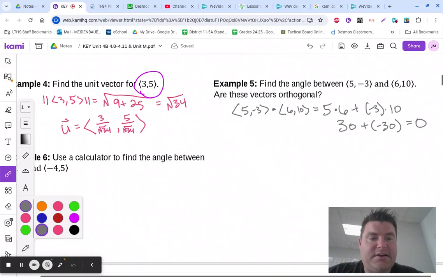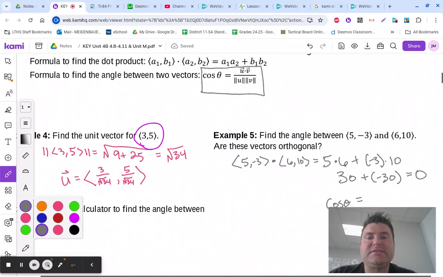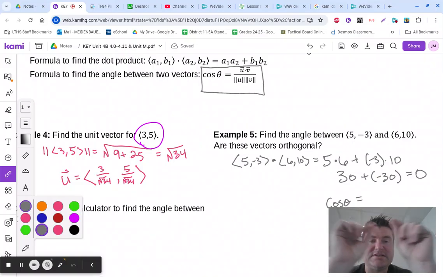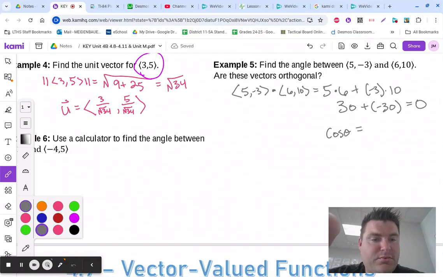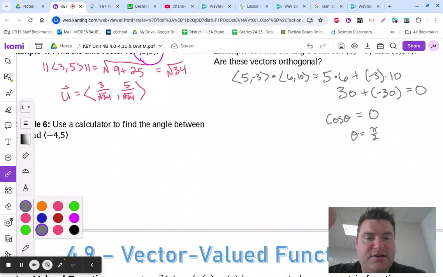So if I needed to find cosine, cosine of theta is equal to 0 over who cares, right? Because it says I want to divide by the magnitude, but since I have 0 on top, the bottom doesn't matter. So when does theta equal 0? Quite a few times, but I'm going to say that theta is equal to pi over 2 because I'm talking about the angle between two vectors. Let's be realistic. These two vectors look like this, which creates a theta value of pi over 2. This means that these vectors are perpendicular.